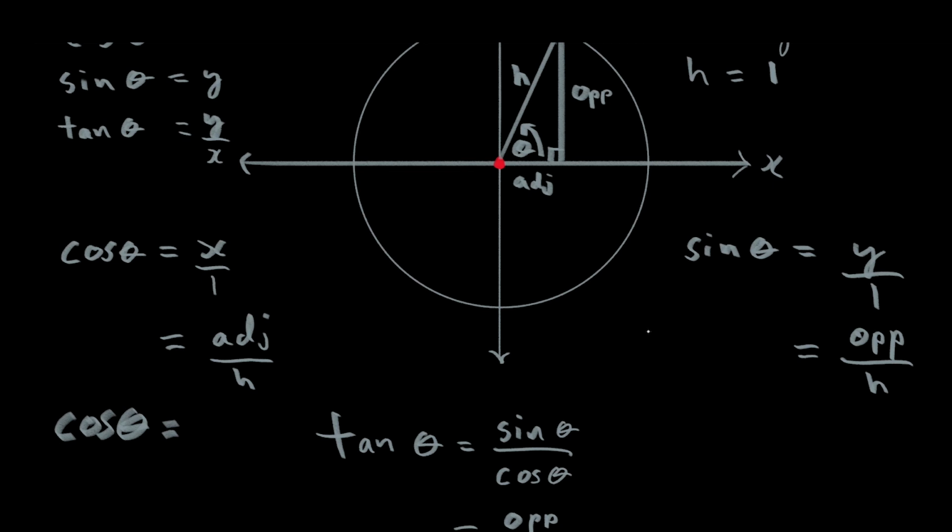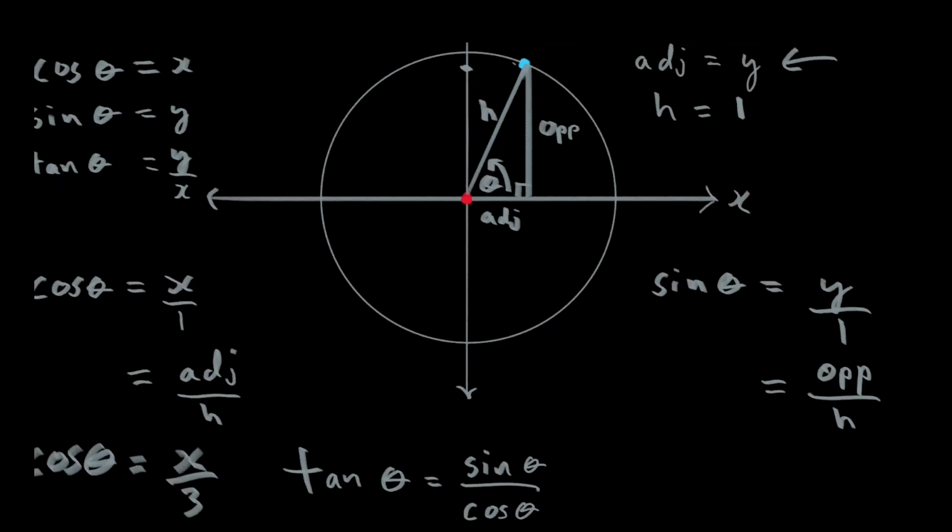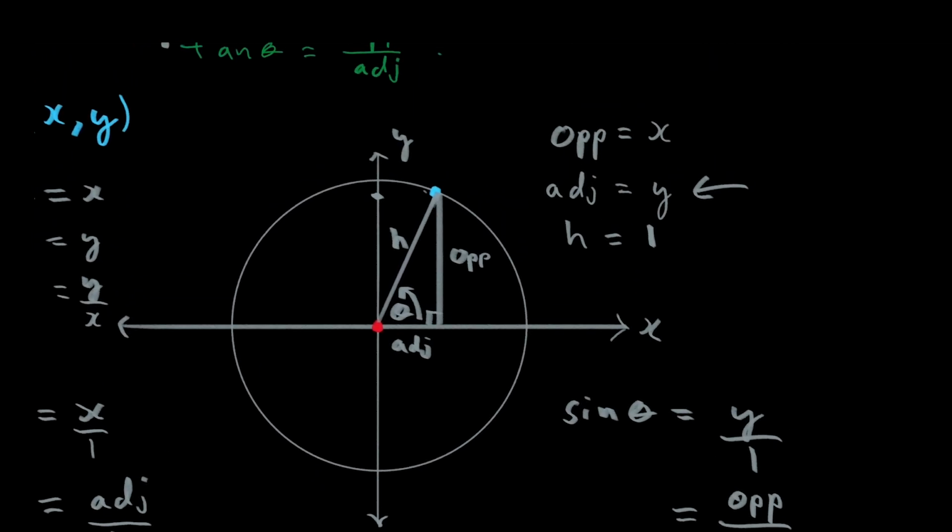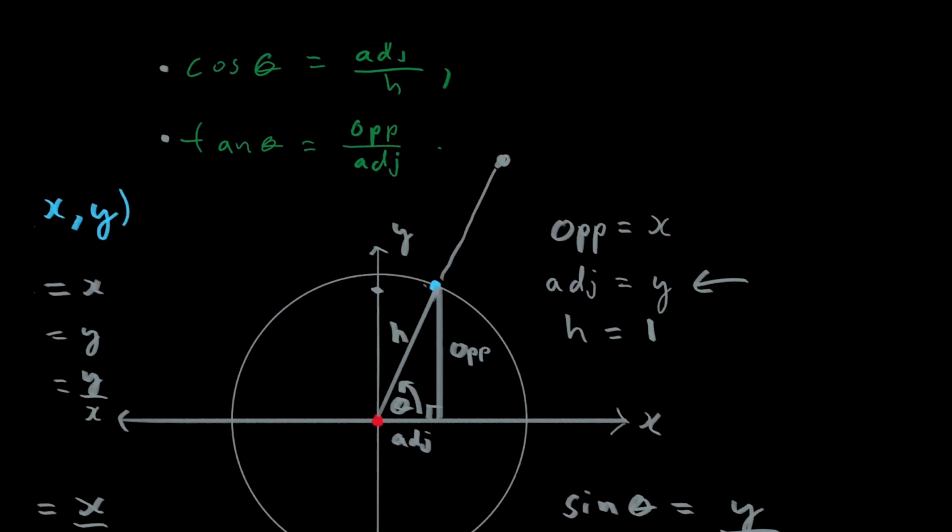x over 3. All right, so it wouldn't equal x, but the thing is, the cosine of theta would equal the x coordinate for some point out here because we've just scaled the triangle. Okay, so the cosine of theta would equal the x coordinate of this point B down here, that blue blob, but it would be the x coordinate for a triangle that's 3 times as big.